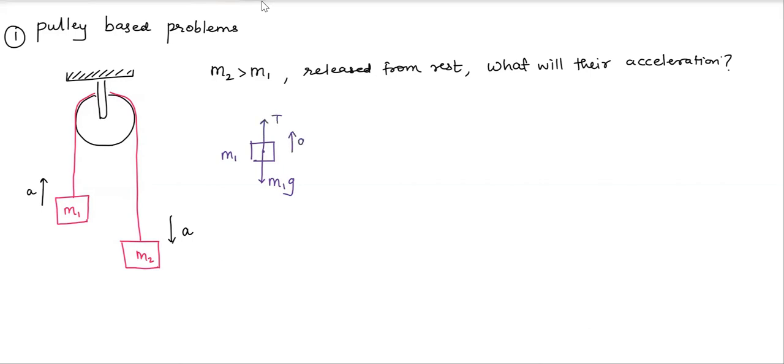Since the acceleration is upwards, the tension must be greater than the downward force, and we can write Newton's second law. Newton's second law says that the net force should be equal to mass times acceleration. In this case, the net force is the upward force tension minus the downward force m1g, and the mass is m1 times acceleration. Let this be equation 1.